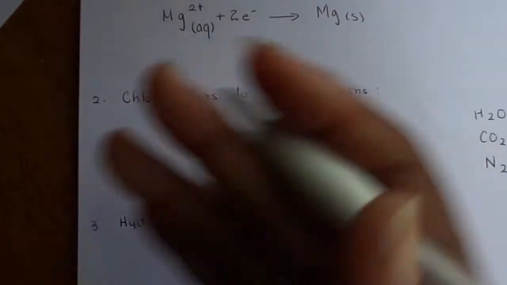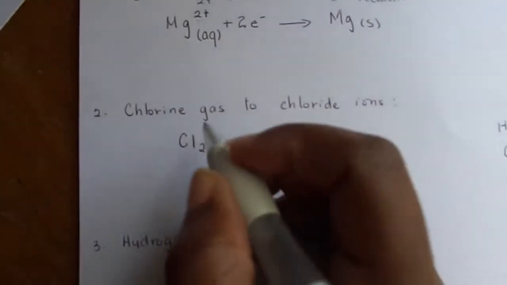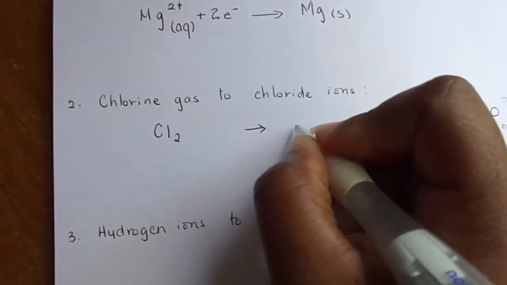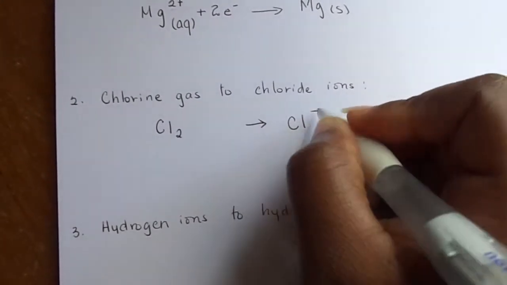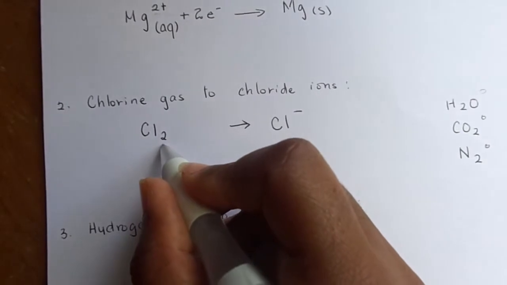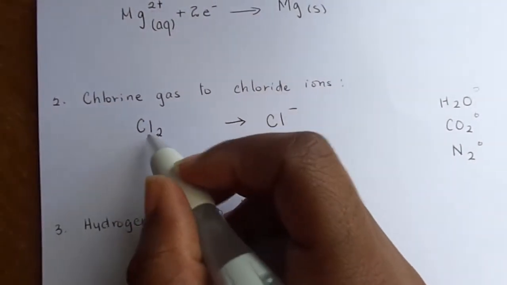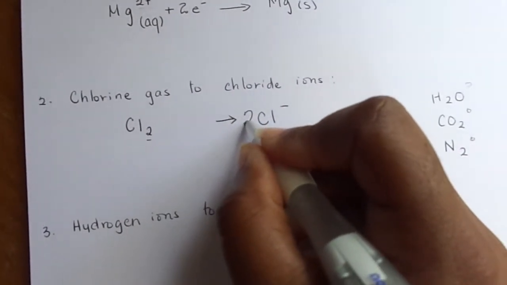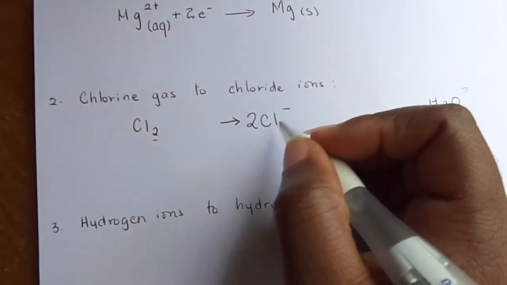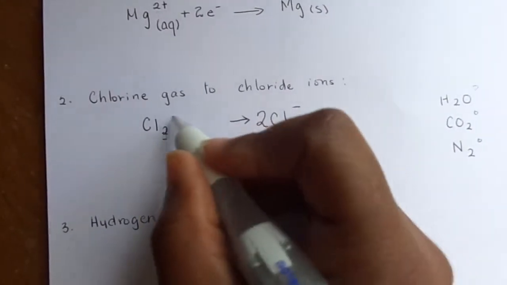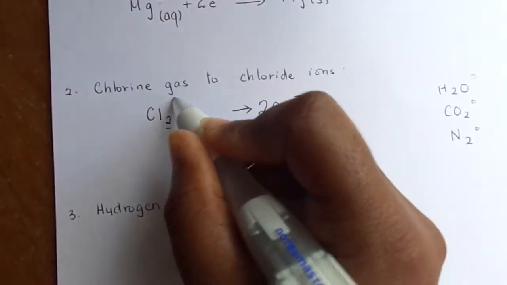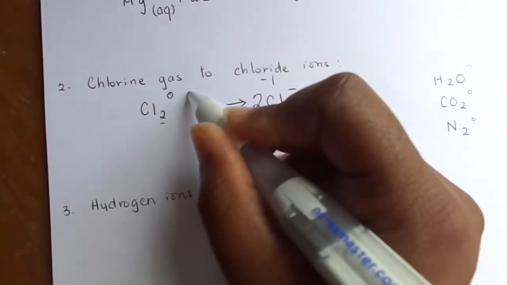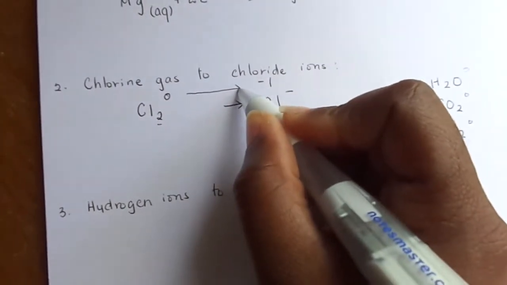And chlorine going into chloride ions means that you have Cl minus. This little number here tells us how many atoms make up that molecule, which is 2. So therefore you put the 2 here. Now we're going from a 0 state to a negative 1 state, which means that reduction has occurred.